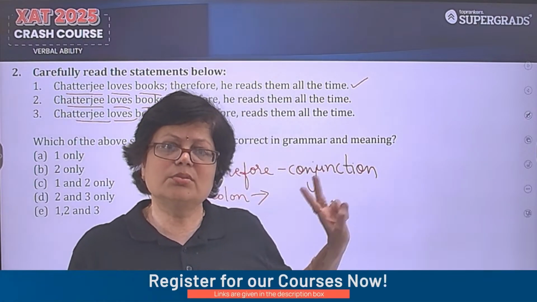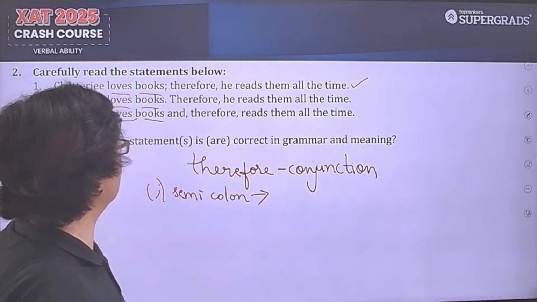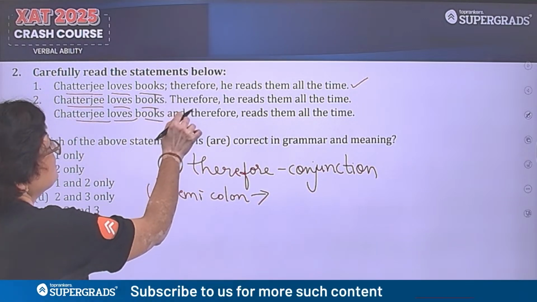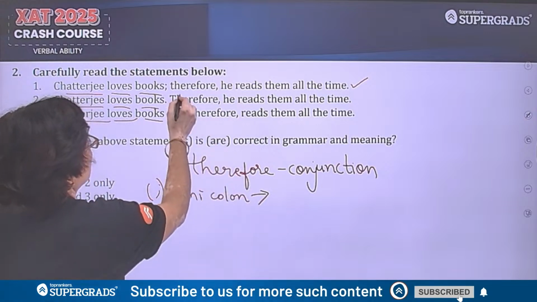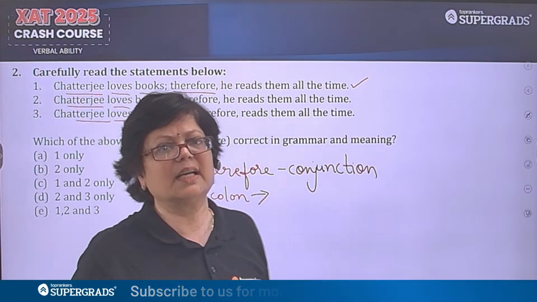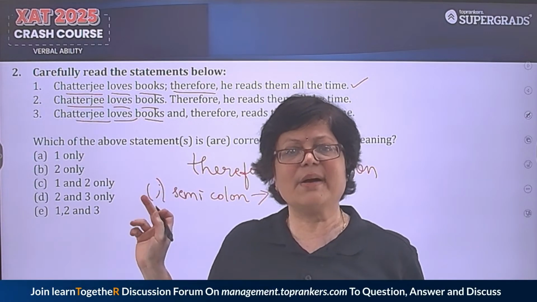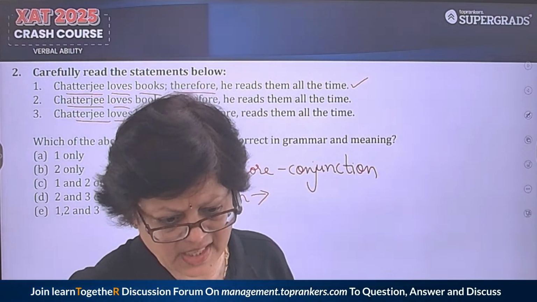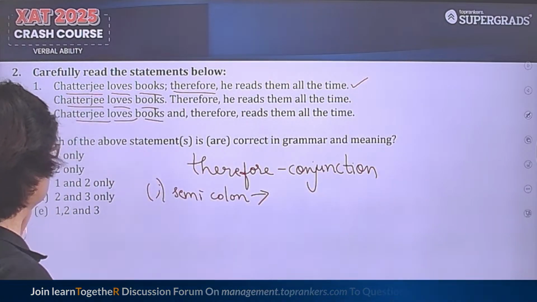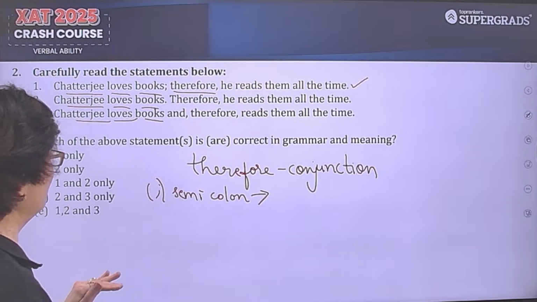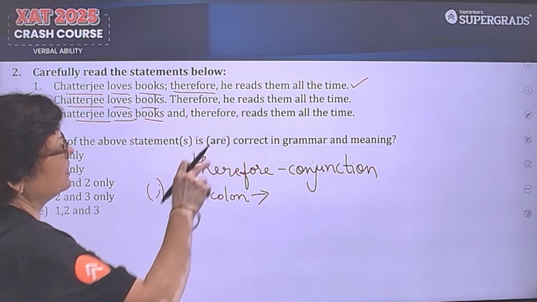Okay. So these two thoughts are connected, and therefore the use of semicolon is completely correct here. Plus pay attention to the conjunction. This has been correctly used. These are both joined by the conjunction therefore. Right. Now look at the next one. Chatterjee loves books. Full stop. Therefore, he reads them all the time.